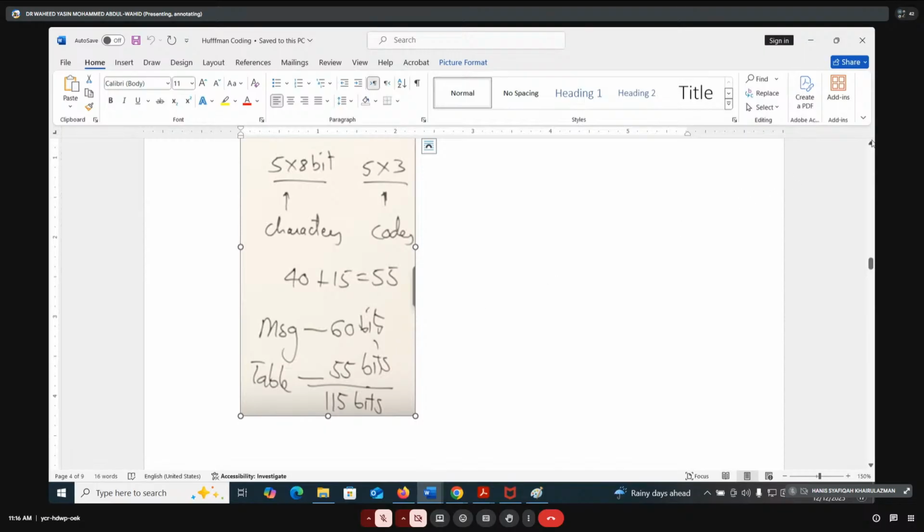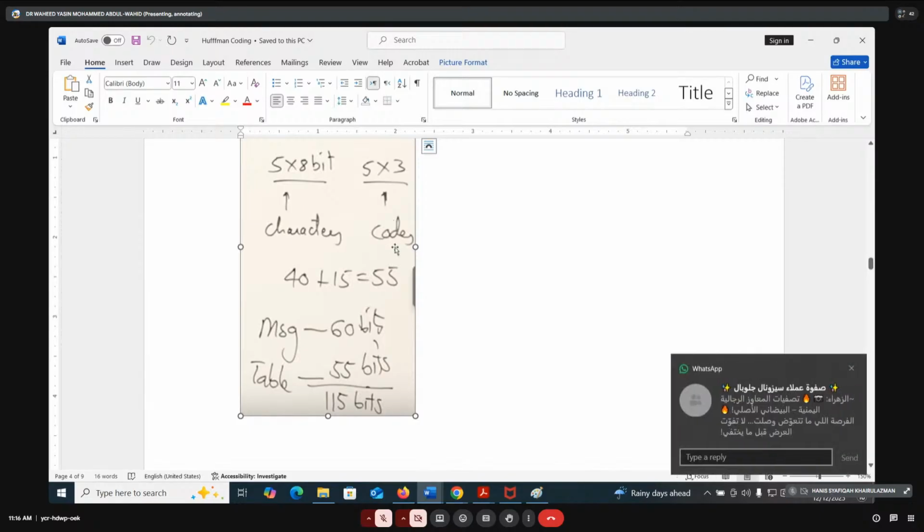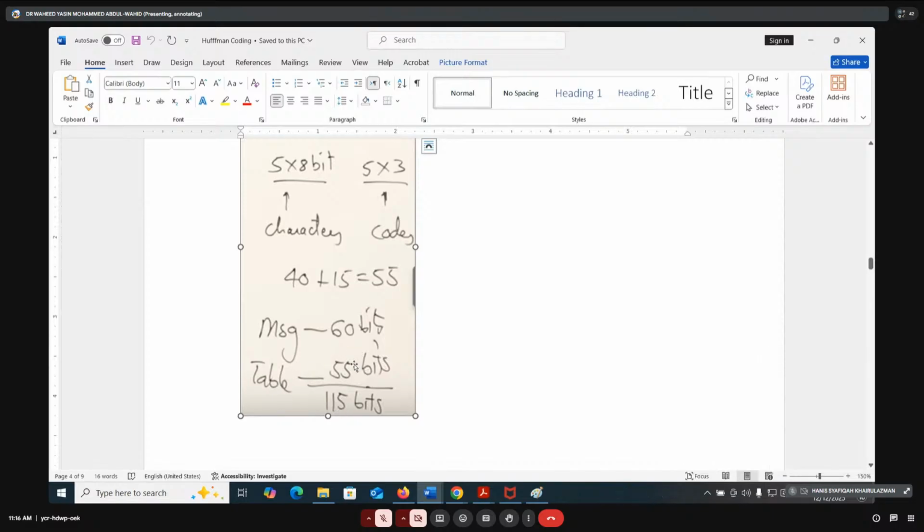Why 60? Because I have 20 characters in the message, and I use a code of 3 bits. So 20 multiplied by 3 is 60. The ASCII for the 5 characters is 40, and for the codes it is 5 multiplied by 3, which is 15. So 55 plus 60 is 115.